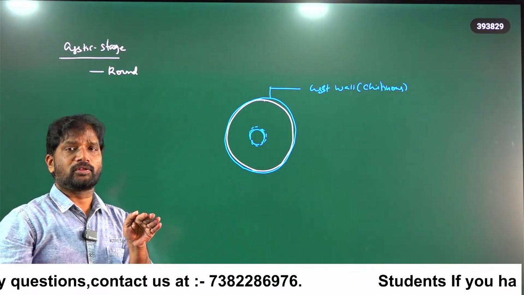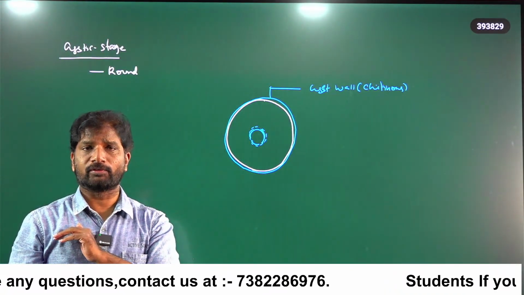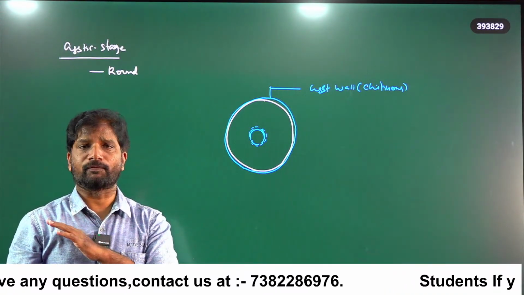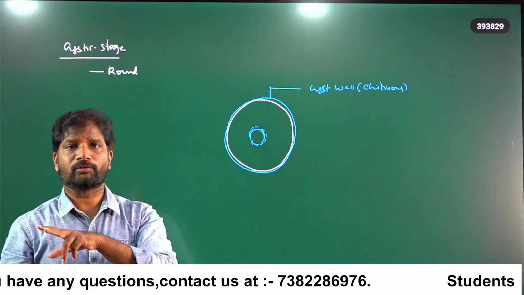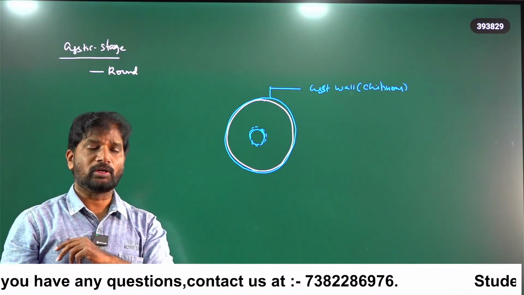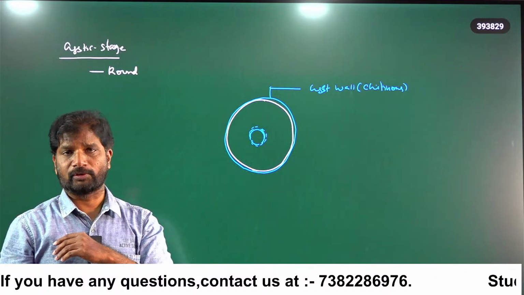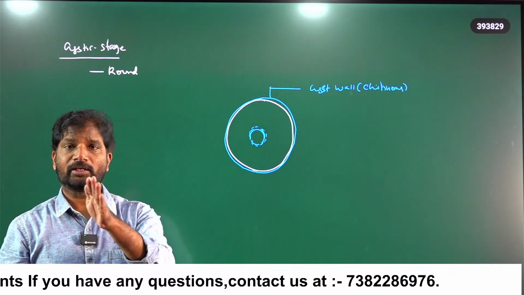This cystic stage has one nucleus. It undergoes mitotic division and leads to the formation of two nuclei, and then the two nuclei undergo another mitotic division and form the four-nucleus stage, known as the tetranucleate stage.